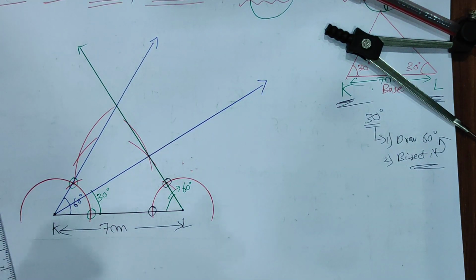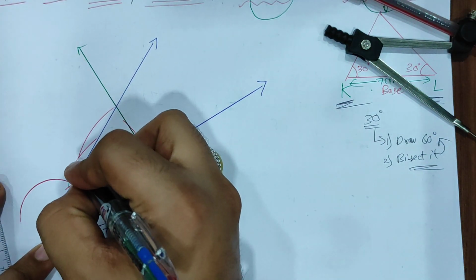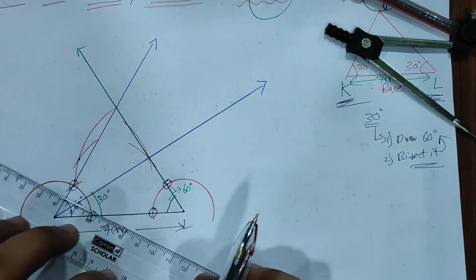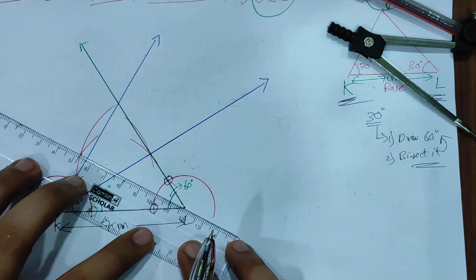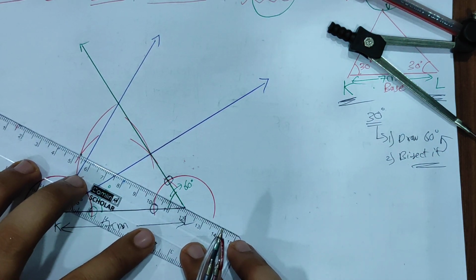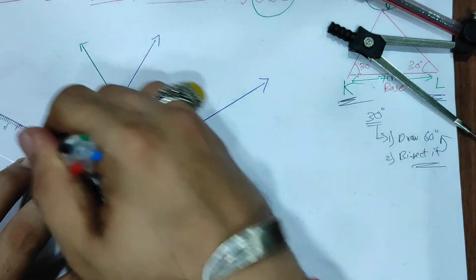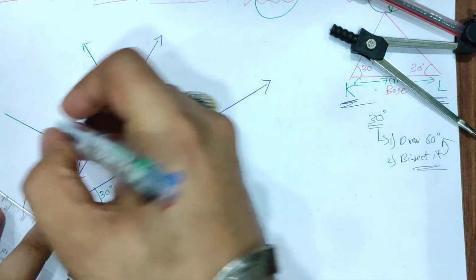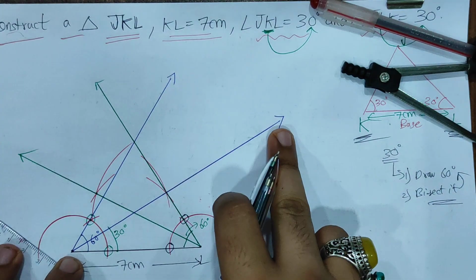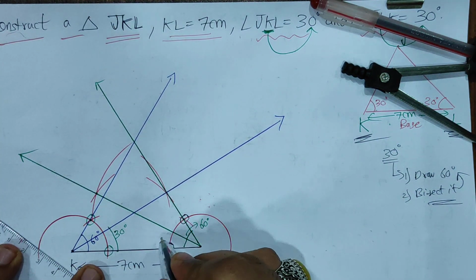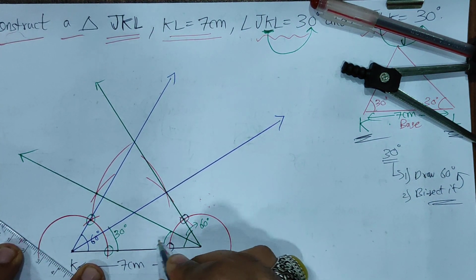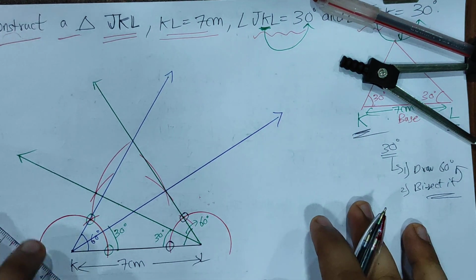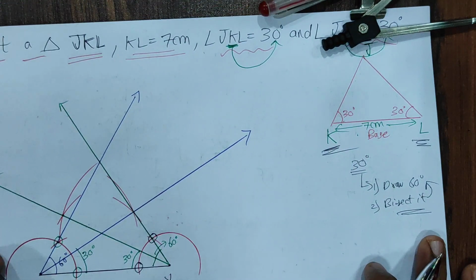Okay, highlighting this point or dark this point and join this. Yes, no lines should be left without arrowheads. And now this, students, this is 30 degree. That's it. So see this, please see this. Can you all see this?